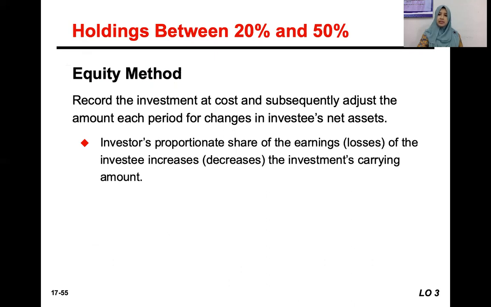If the investee company reports earnings or losses, it will increase or decrease the investment's carrying value. If the investee reports a profit, then it will increase our investment carrying value. If it reports a loss, then it will decrease the equity investment of the investor.